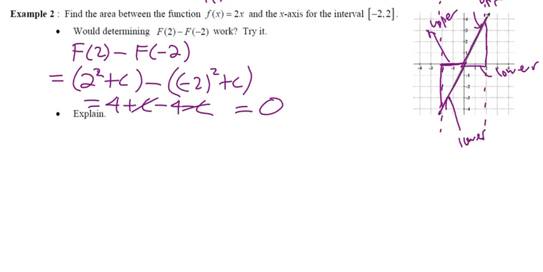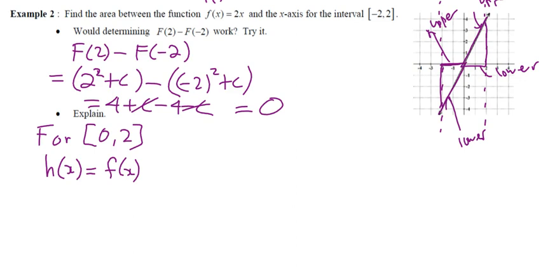Okay, so if we were going to do this, what we would have to do is say, for the interval 0 to 2, the upper function minus the lower, so let's call that h of x, is equal to f of x minus g of x.